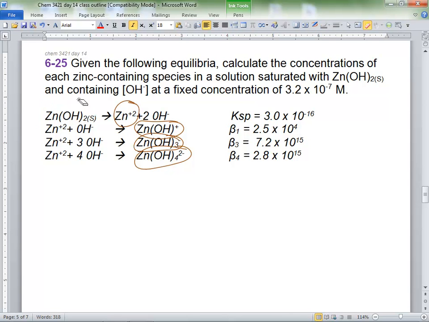We don't circle that one. So the reason I want to hit on that is, how else do you know what you're looking for? You've got to identify what you're looking for. So anything containing zinc, except for the ones whose concentration isn't changing, like pure solids and pure liquids. Okay, so now we know what we're after.